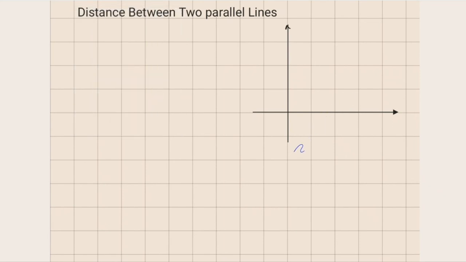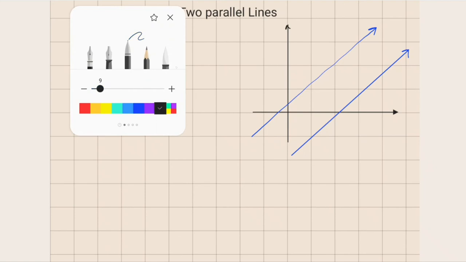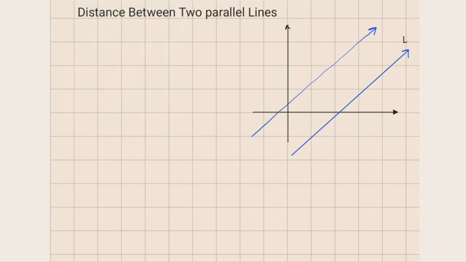Let's say this is a line L1 and there is another line L2 which is parallel. It is parallel to this line. L1 and L2, these two are parallel.